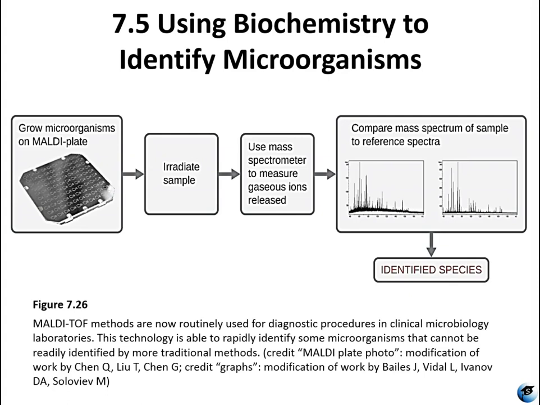But for MALDI-TOF, essentially you grow the microbes out on a special plate, expose it to irradiation, and then use a mass spectrometer to measure ions that are released after it's exposed to irradiation. Then you can compare the ions released to profiles of known species, and that way you can identify the unknown species.